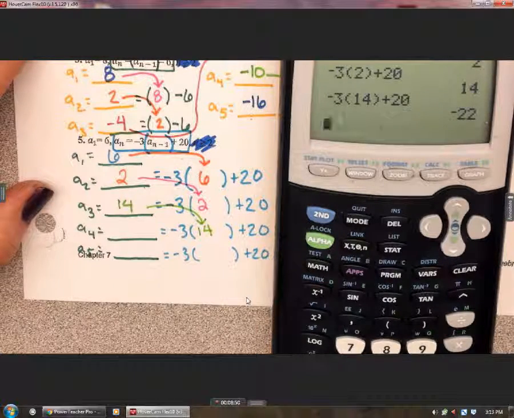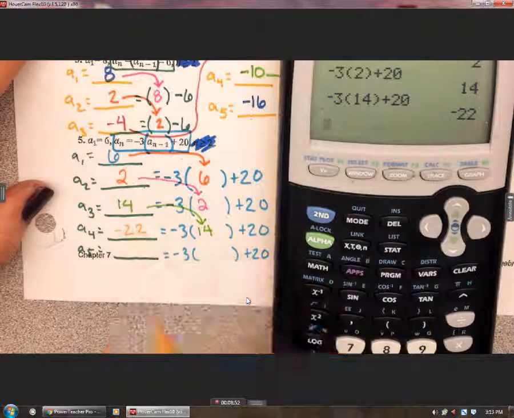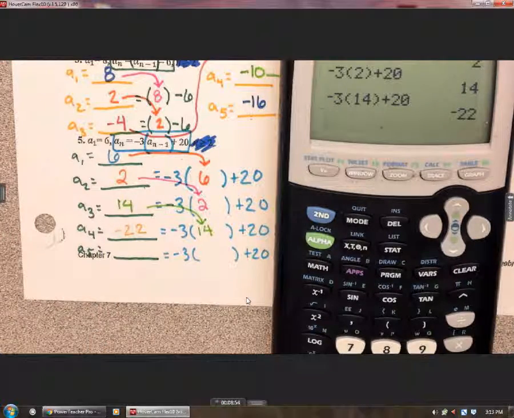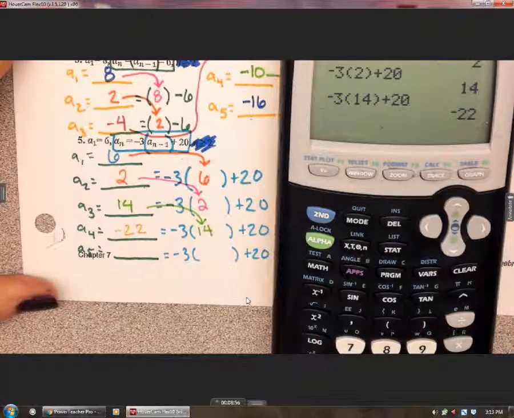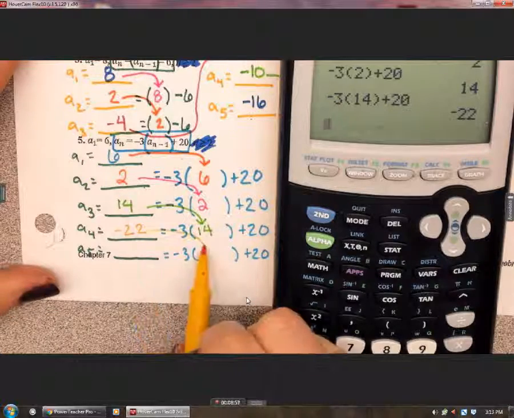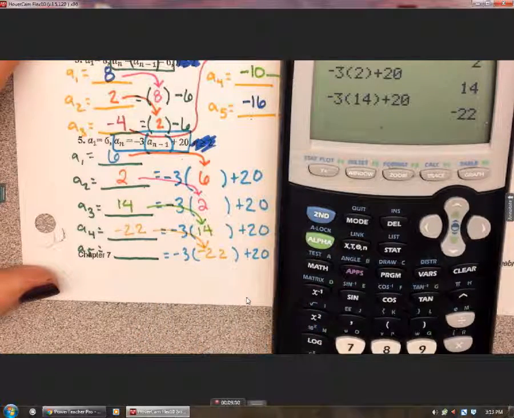Plug in 14, we get negative 22. Plug in negative 22, you get 20.